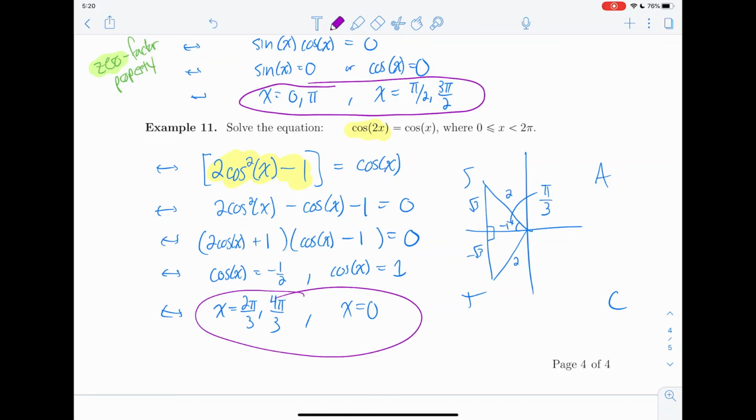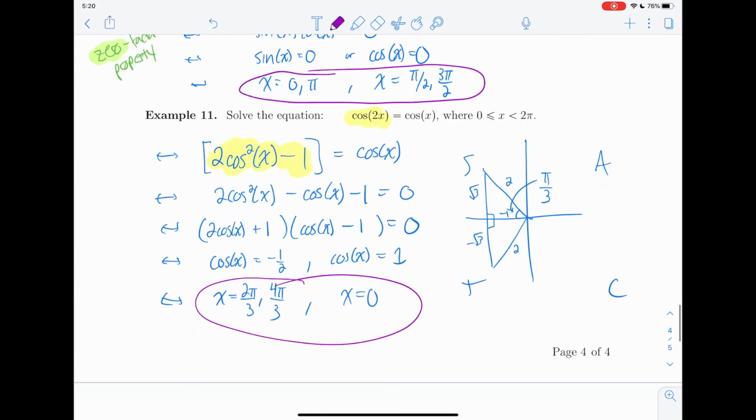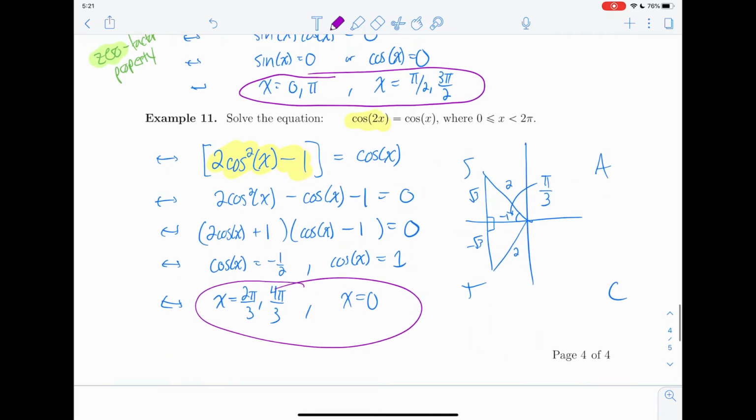So this example finishes off the collection of examples that we want to do in section 5.5, where we introduced and discussed trigonometric equations. In particular, in this video, we talked about how we can use trig identities to help solve trig equations.